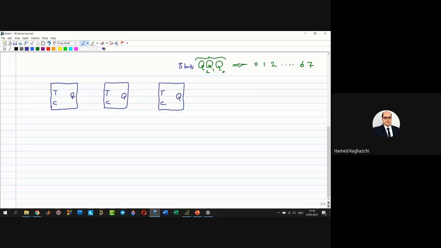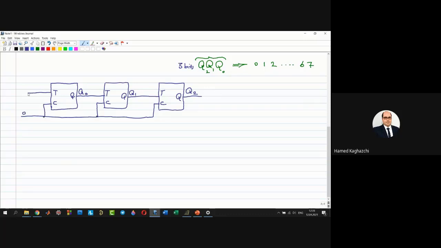Now I connect this output to this input. This is Q0. This output to this input, which is Q1, and this one is Q2. And I set all of the clears to 0.